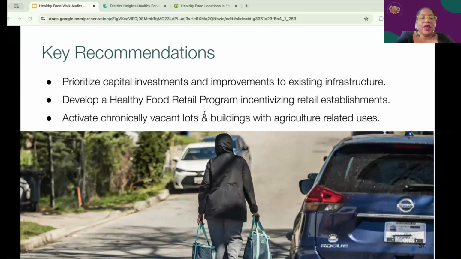And as we said, using some of those definitions of healthy food and healthy food access, these should be within a 15-minute walk from high density housing developments and located in close coordination with major metro and bus connections.